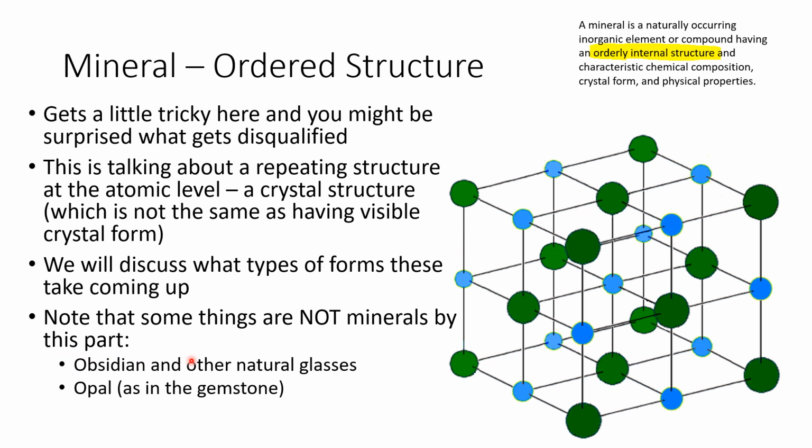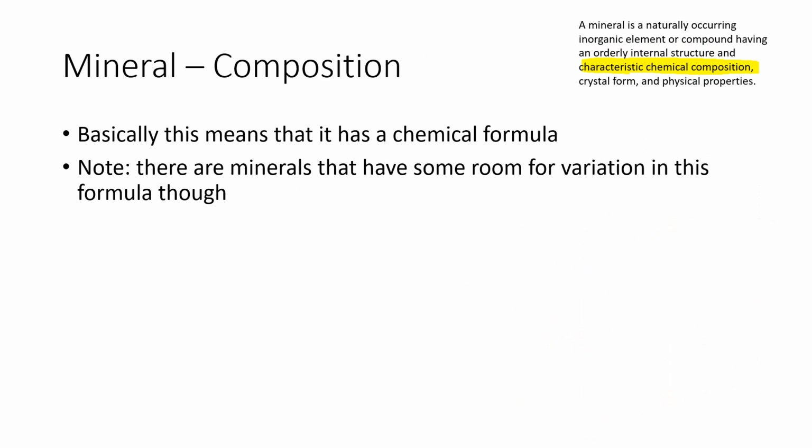Obsidian is another example. Obsidian is a naturally formed glass, but a glass is defined as absent this structure. So it's solid, but it doesn't have this internal array of atoms. It doesn't count as having a lattice, and it doesn't count as a mineral.